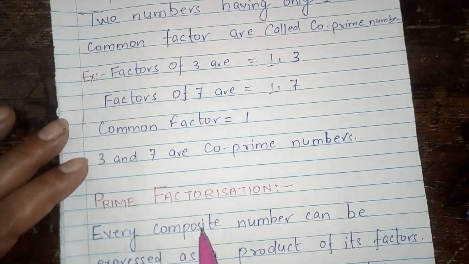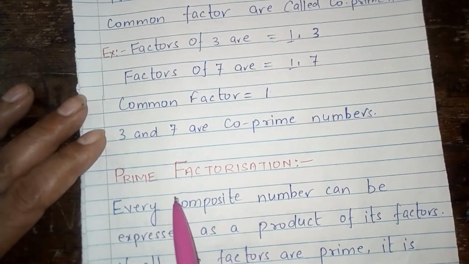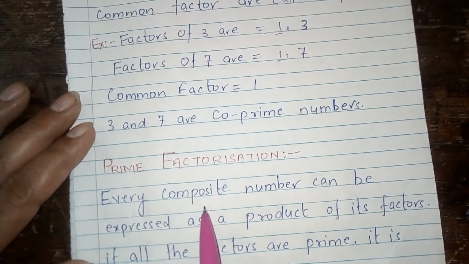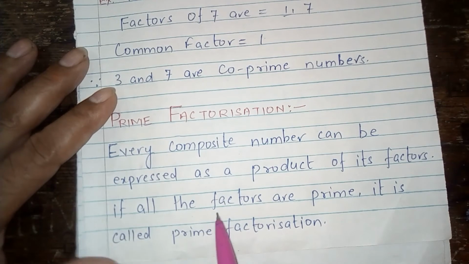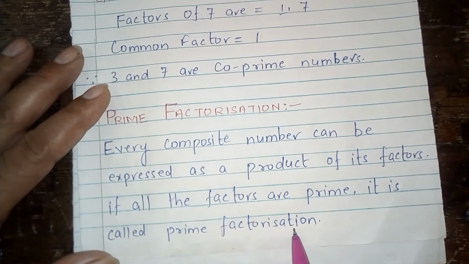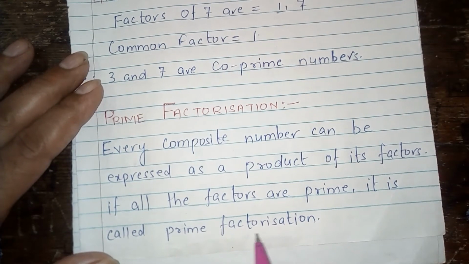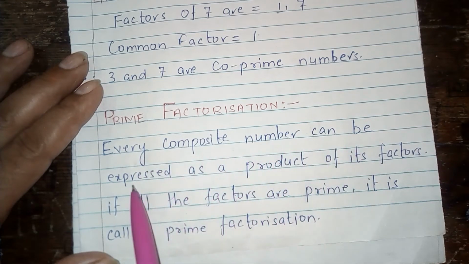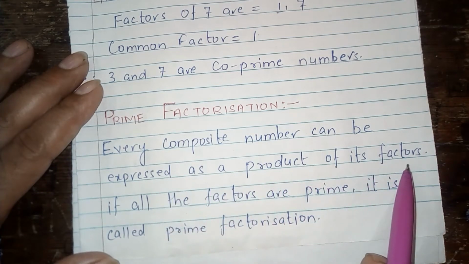Now let us discuss prime factorization. As you know very well, every composite number can be expressed as a product of its factors.